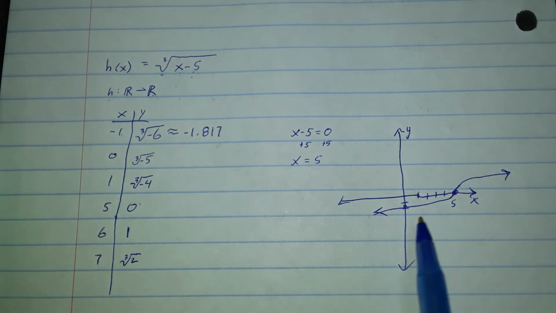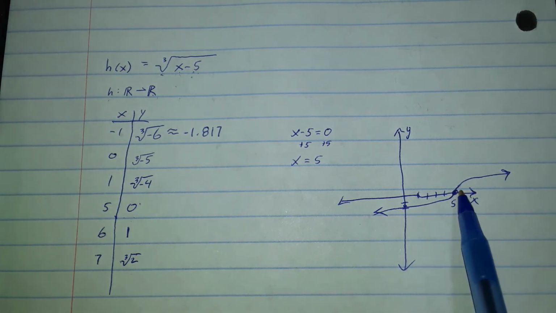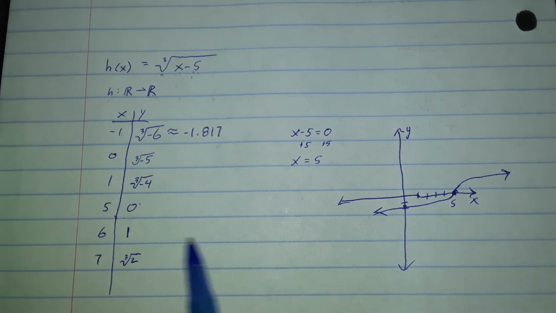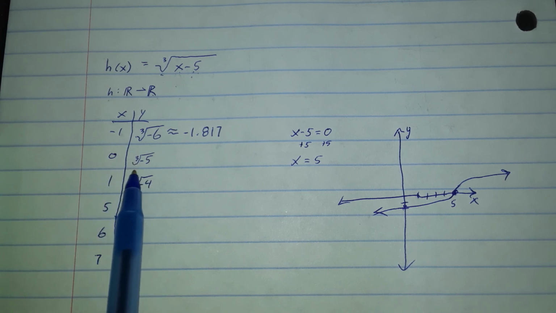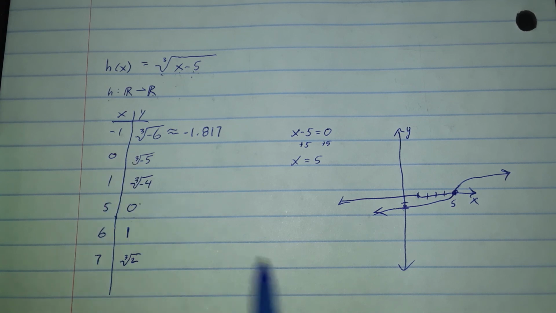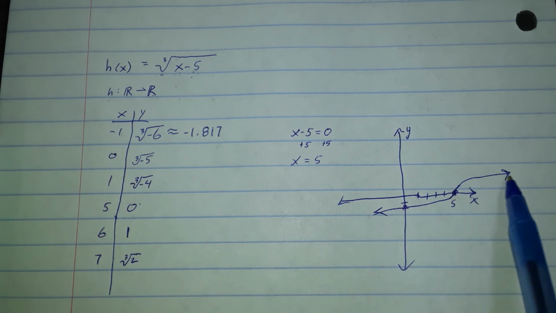So just a quick sketch, maybe not believe my diagram, but I have an x-intercept here at 5, 0, and I have a y-intercept here at 0, and this is approximately negative 1.7. So y-intercept here, x-intercept here, we have this kind of elongated S looking curve, and so that's what this gives me.